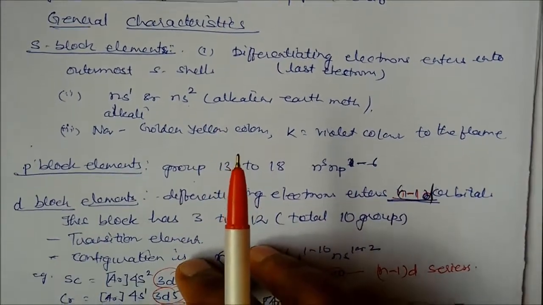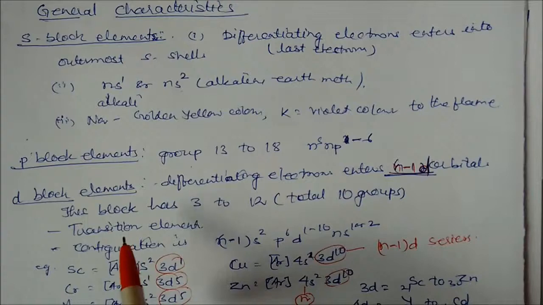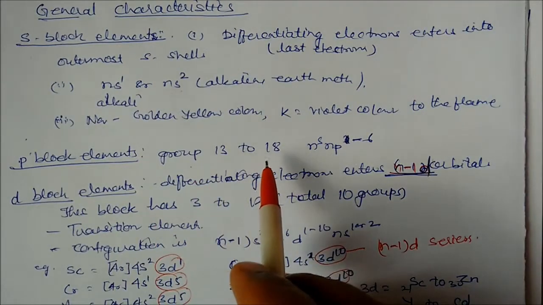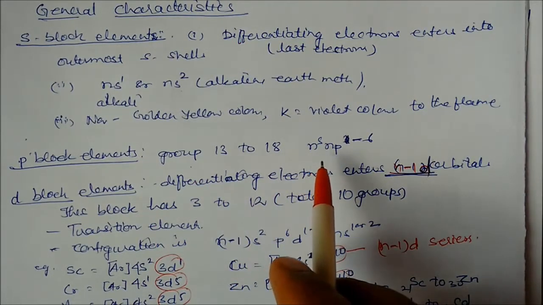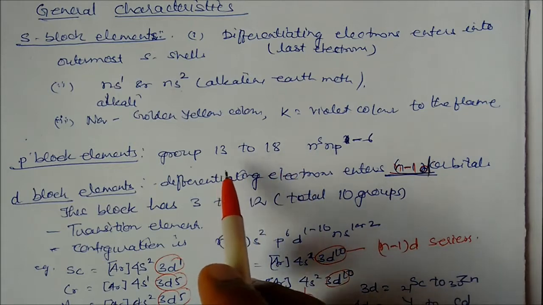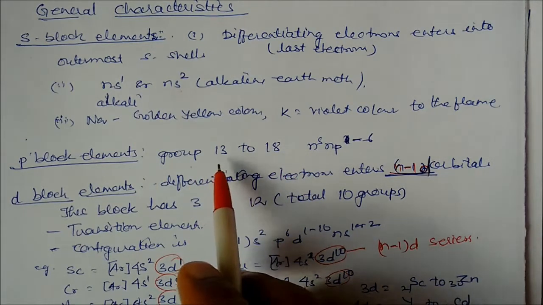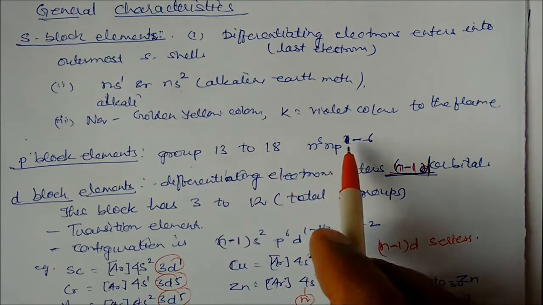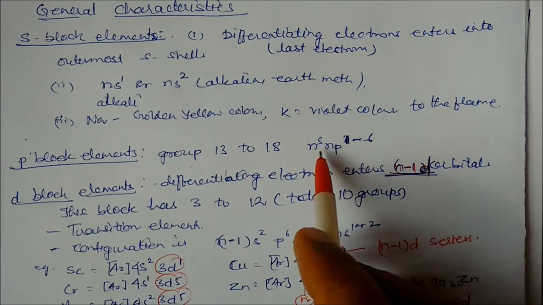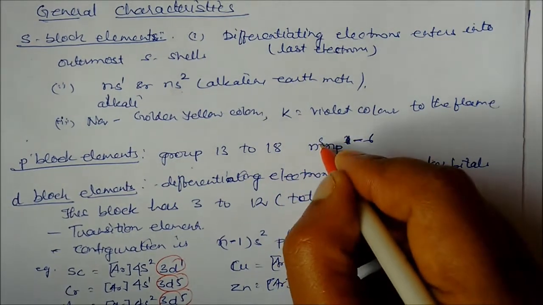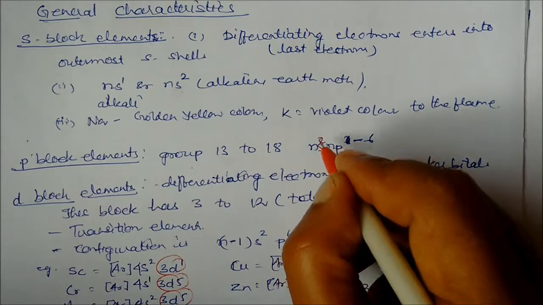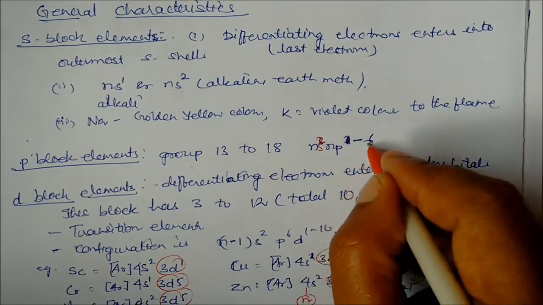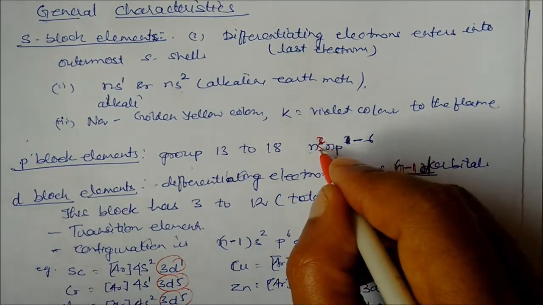Now see the P block elements. P block elements belong to group 13 to group 18, and the electronic configuration of elements in these groups is ns2 np1 to 6. So np1 to 6 is empty and ns2 is full. But both have the same principal quantum number.